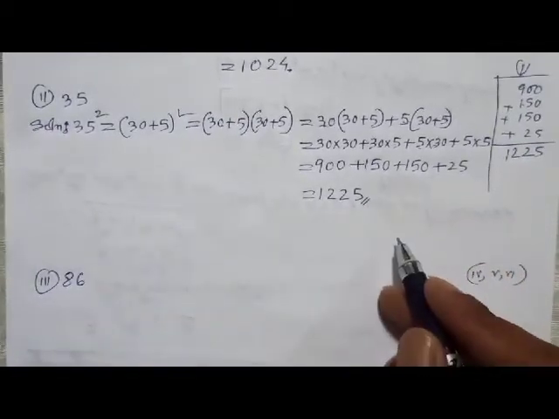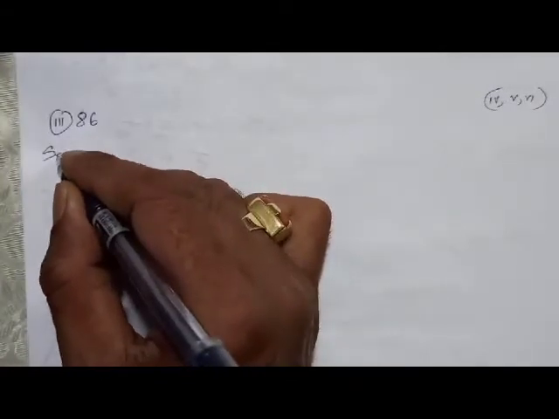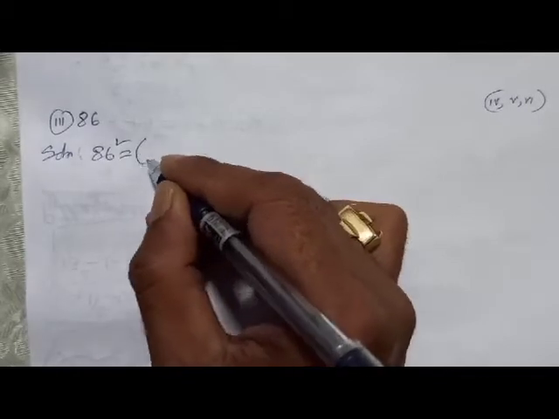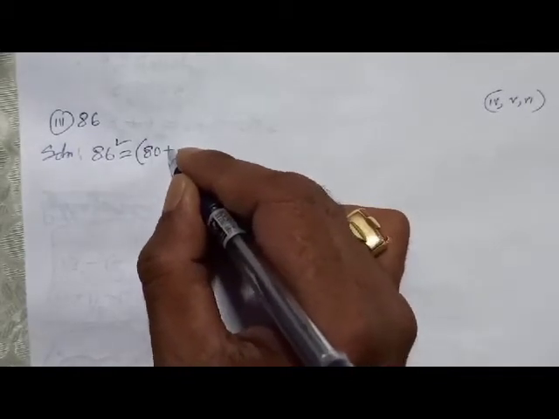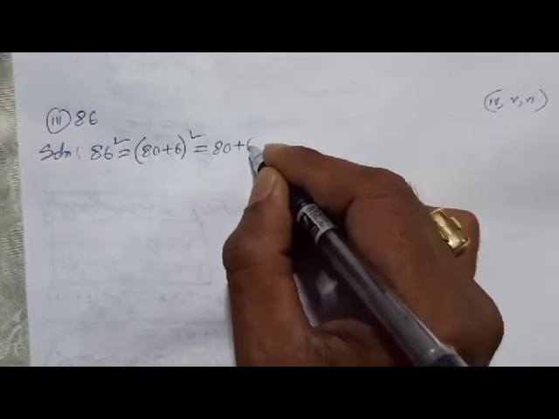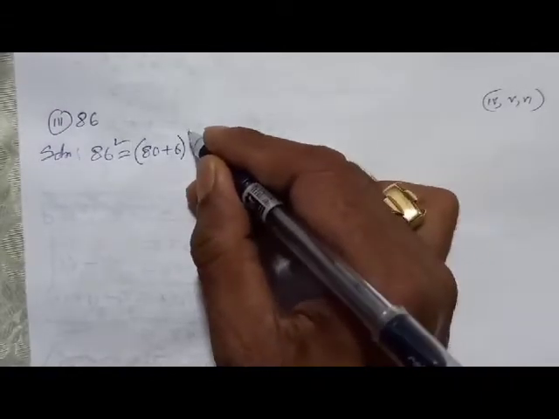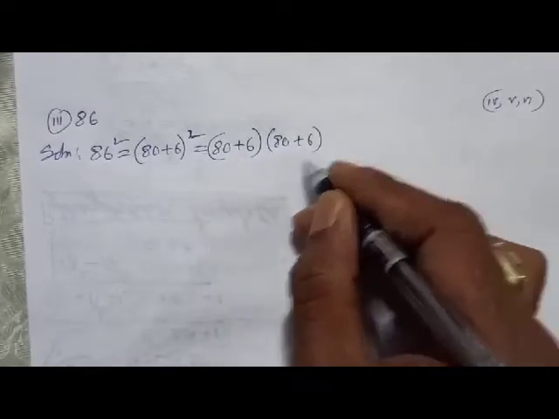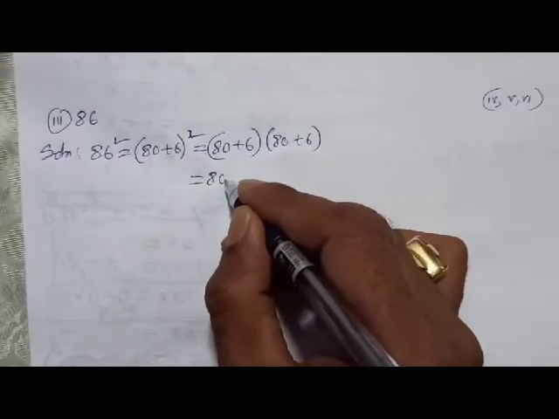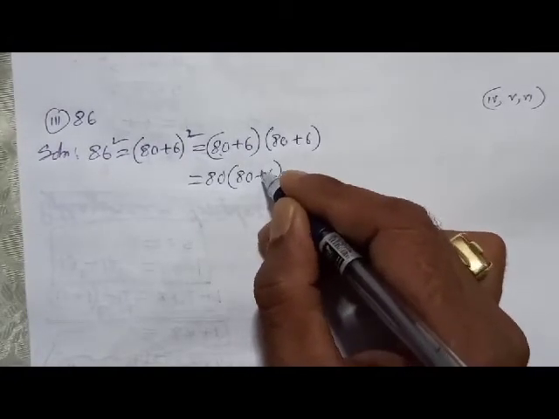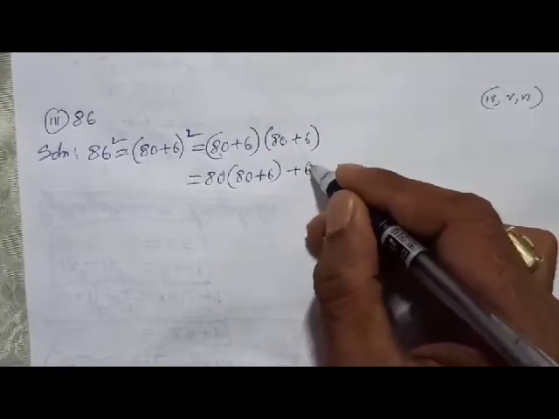Now Roman number 3. Solution. 86 square. We write 86 as 80 plus 6, whole square, which is 80 plus 6 into 80 plus 6. We multiply 80 with 80 plus 6, and plus 6 with 80 plus 6.